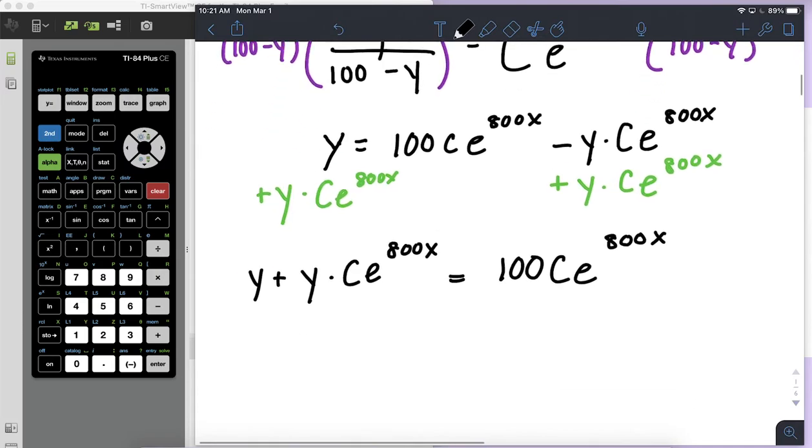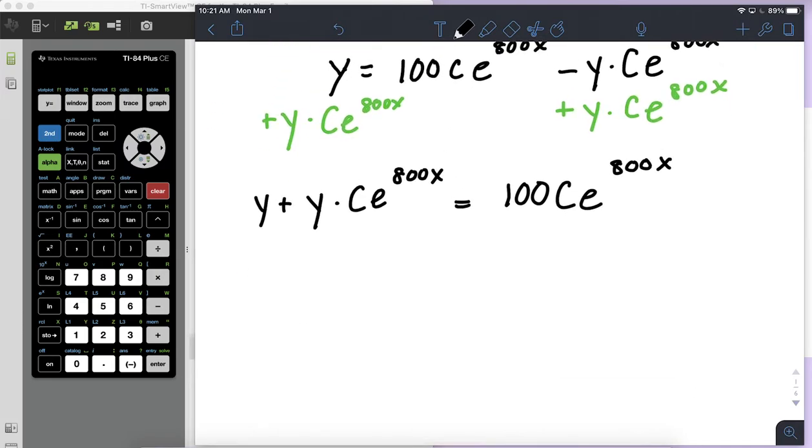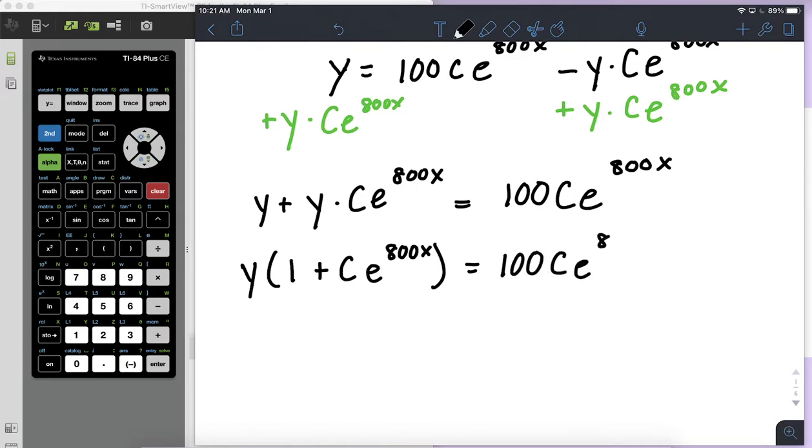It's a lot of algebra, I know. So now I can factor out a y here, which means I can finally isolate my y's, which is great because I want to solve for a y equals equation if possible, which it definitely is here. Right, and then I'm just going to divide both sides by that 1 plus c e to the 800x.